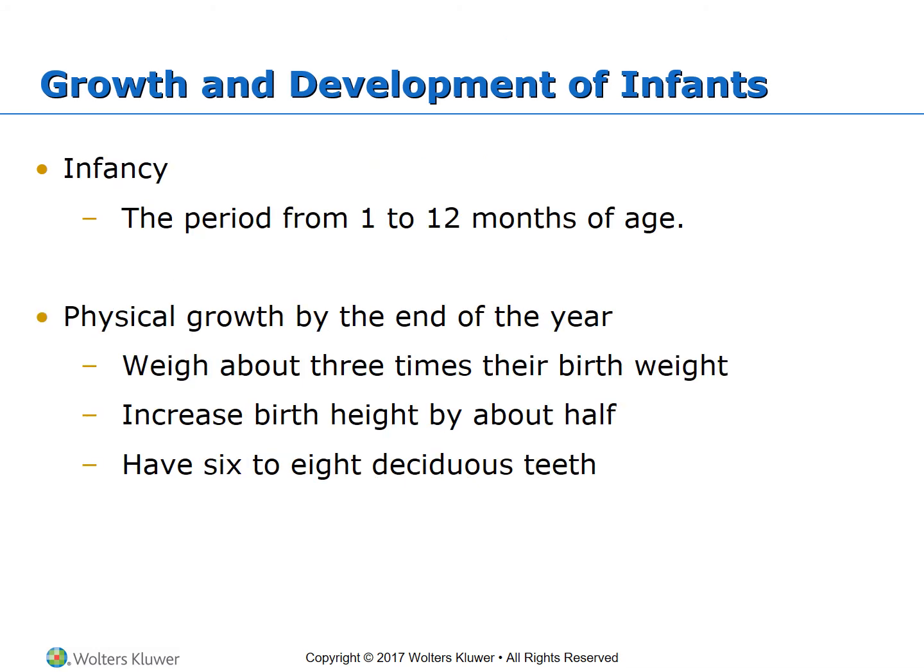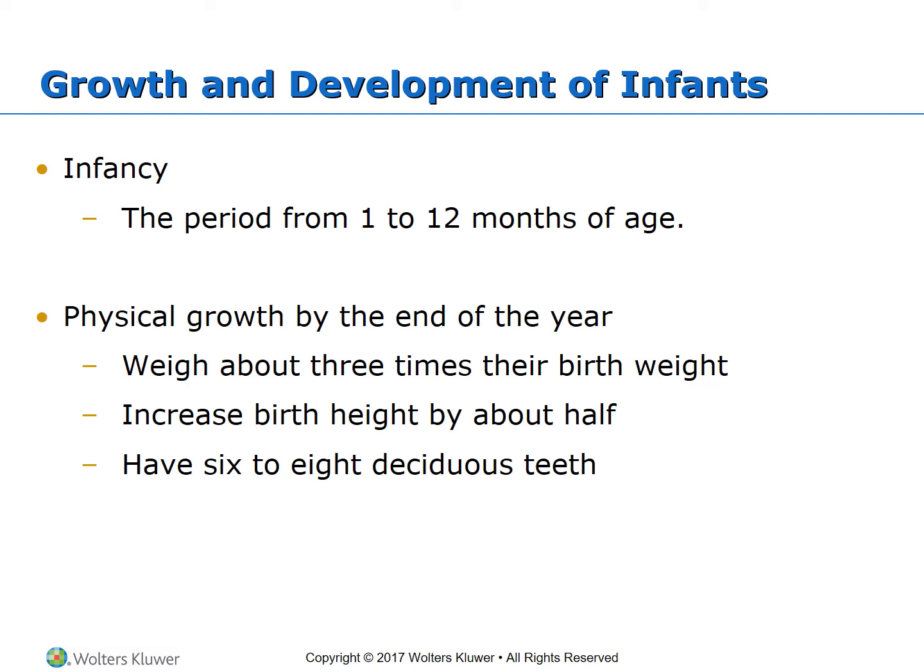Infancy is a period from 1 month to 12 months of age. Their physical growth by the end of the year, they weigh about 3 times their birth weight. Remember, they weigh about 3 times their birth weight. They increase their birth height by about half.